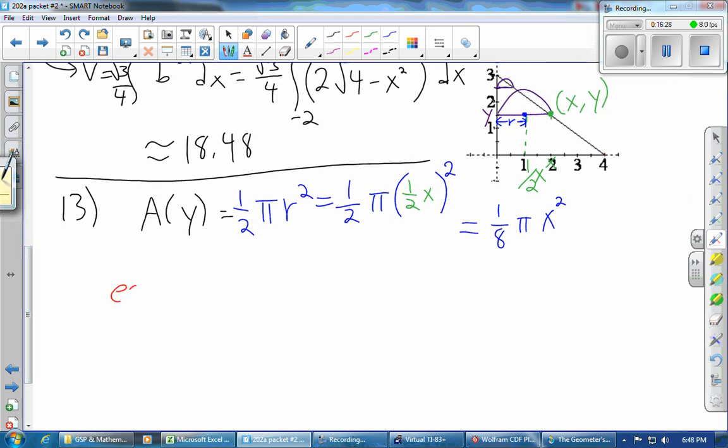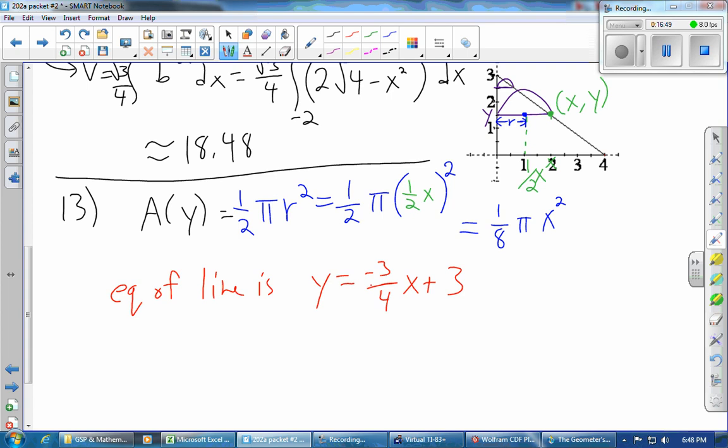So the equation of the line is y equals, so the slope of this line is -3/4 x plus b. The y-intercept here is 3. So that's the equation of the line.